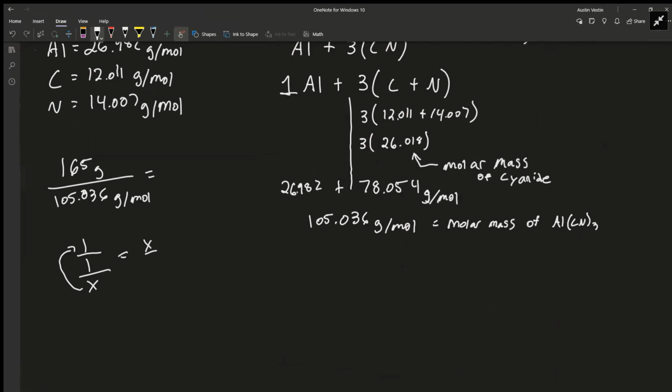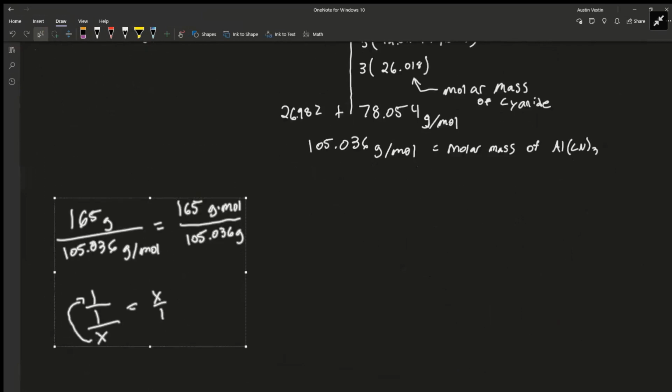So this is equal to x over 1. The same thing applies here with our units. Since we have grams divided by mole, we move mole up to the top. So we have 165 gram moles, I know it's weird, but it's true, over 105.036 grams. I'm going to actually move this stuff down a little bit so we have a little bit more space to work.